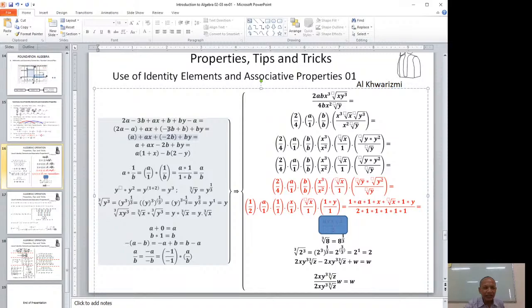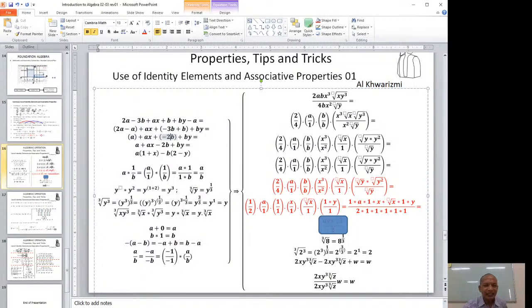Remember, negative 3b is bigger by absolute value, 3 is bigger than 1, so we take the negative sign. Negative 3 plus 1 equals negative 2.